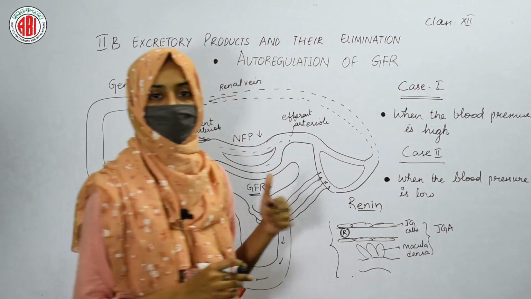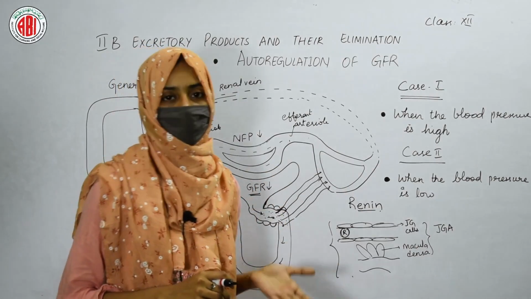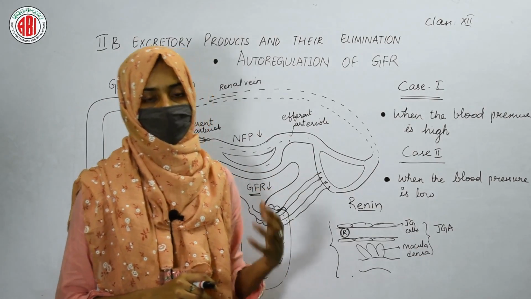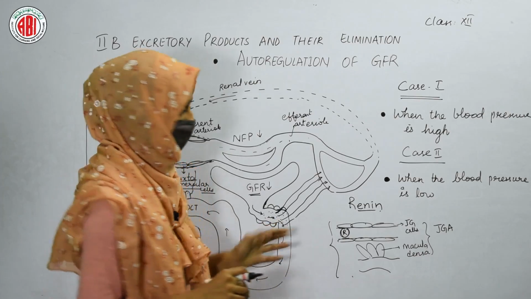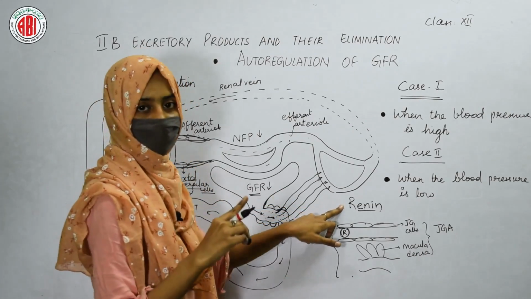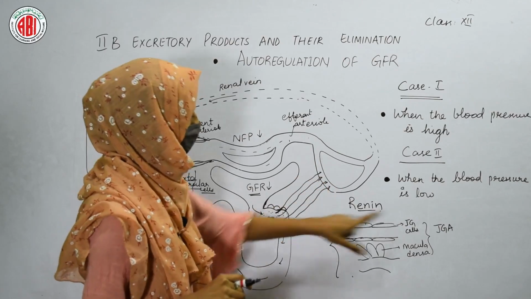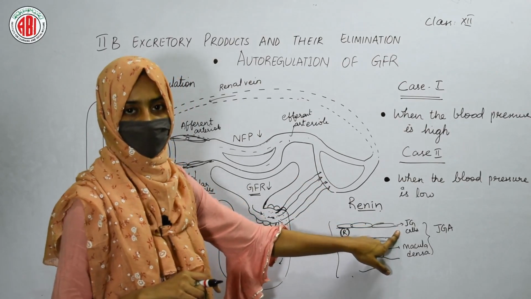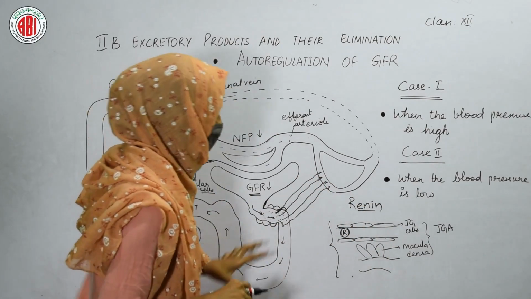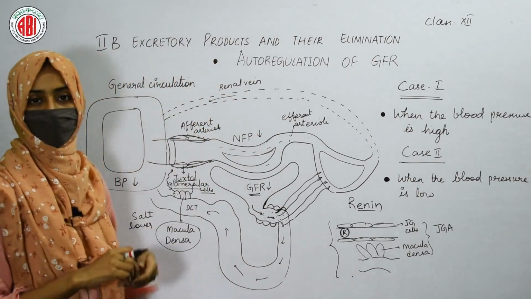Rennin with double N is the enzyme found in the stomach, and that helps in the process of digestion. But here renin with single N is a different chemical that is released by the JG cells, juxtaglomerular cells, and this renin helps in the auto-regulation of GFR.